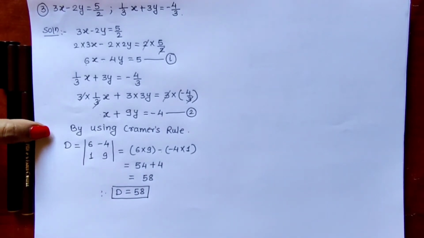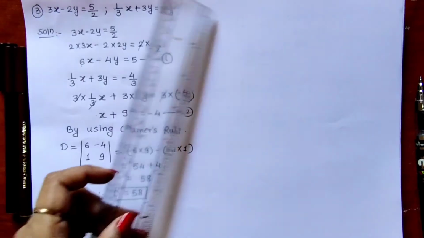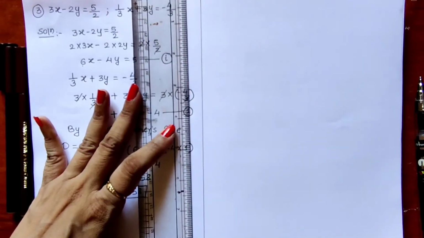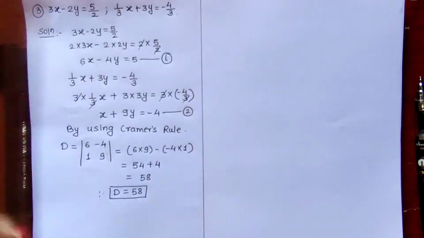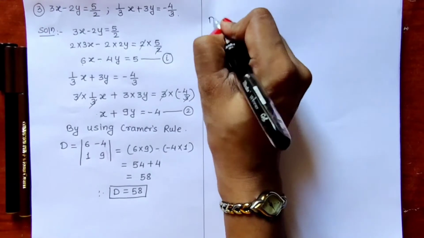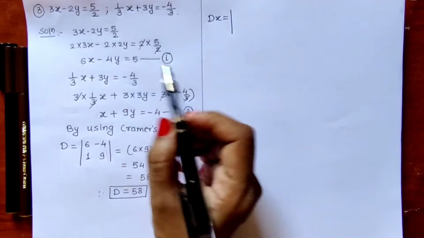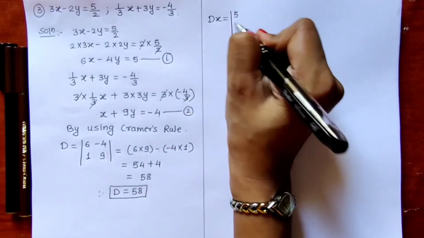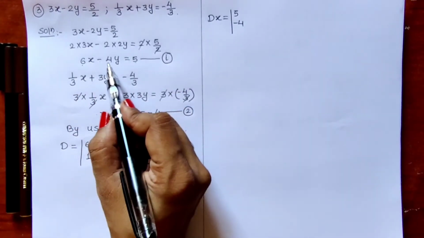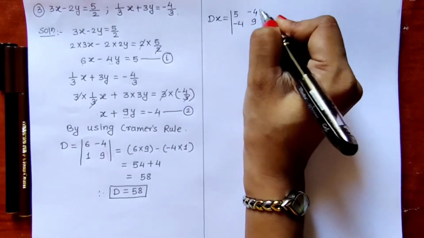Now let us find out Dx. Dx means what? Constant terms and coefficients of y. Constant terms are 5 and minus 4. So 5, minus 4, and coefficients of y. Here minus 4 is there, here plus 9 is there. Minus 4, plus 9.